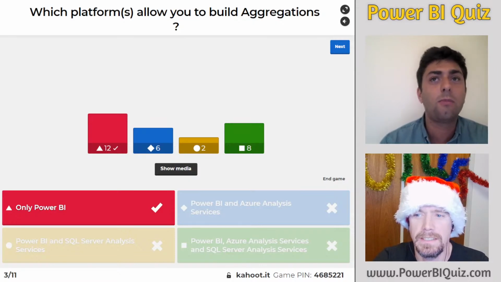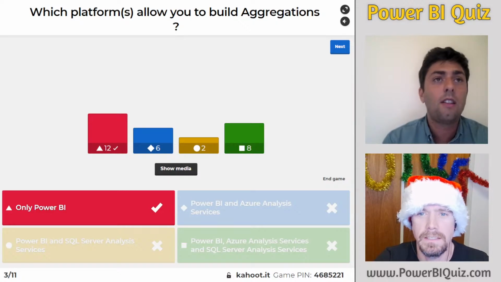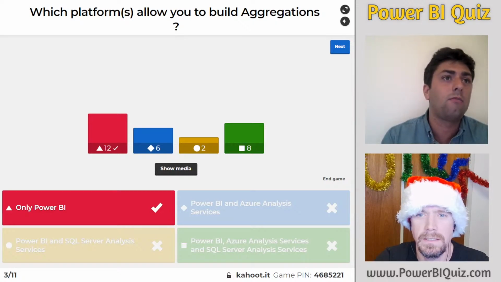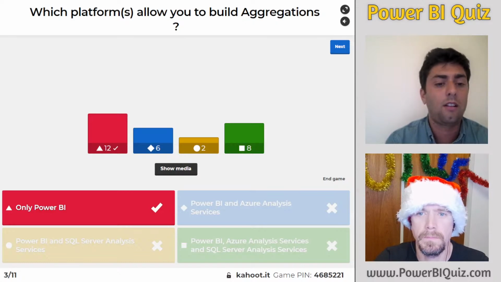Currently, you cannot build and deploy aggregations using SQL Server Analysis Services or even Azure Analysis Services. This is probably why I use Power BI now to build my semantic models, even when there are big volumes of data. As of today, you can only do it with Power BI.